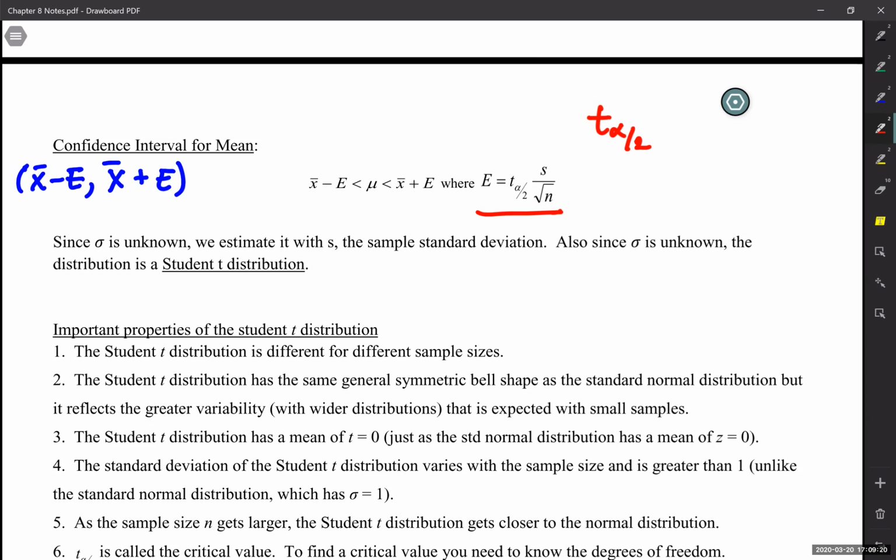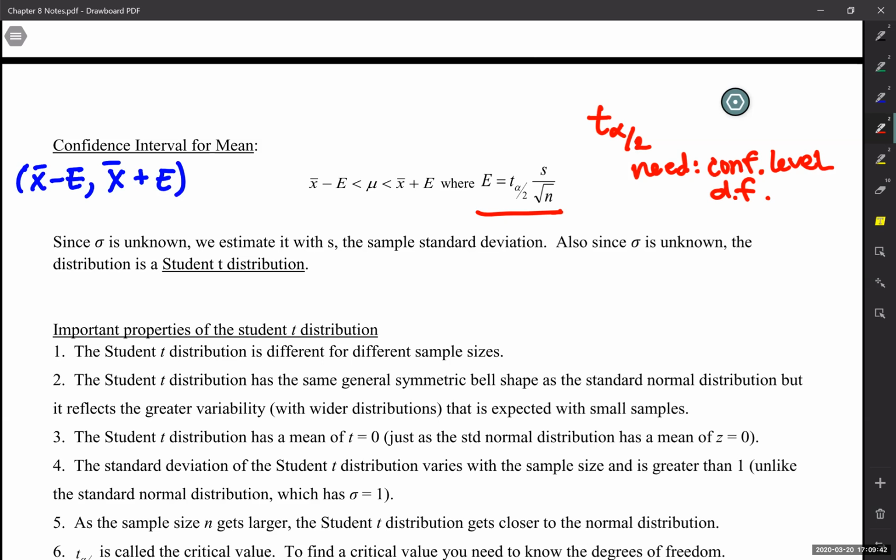So we need two things. We need our confidence level. What percent confident are we? And then we need our degrees of freedom. And I have this written out just below. So just a second before I come back and clarify what that all means.